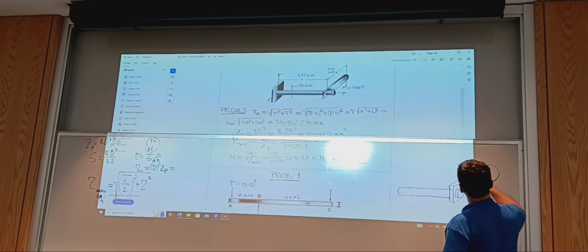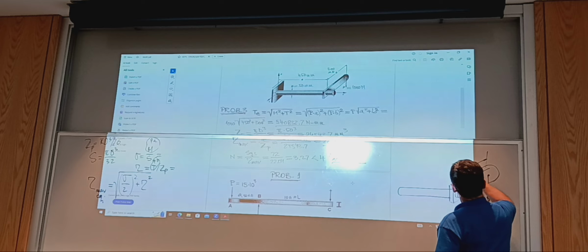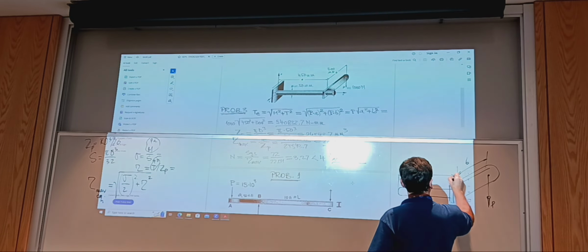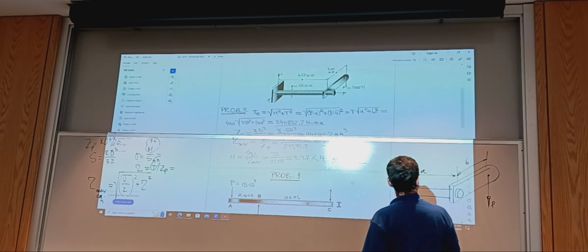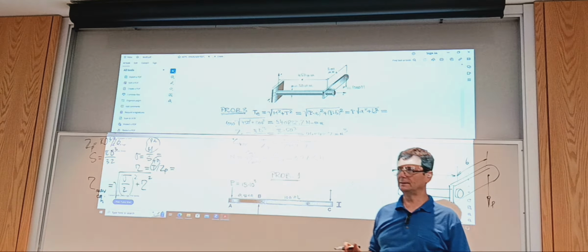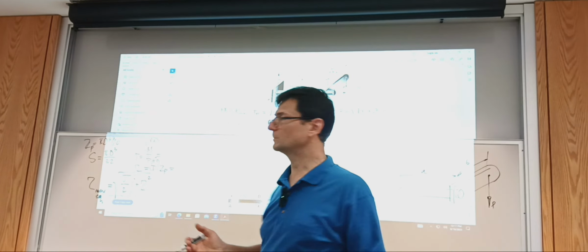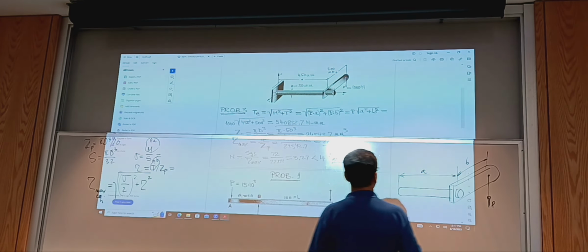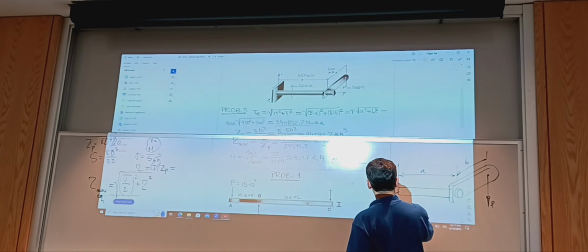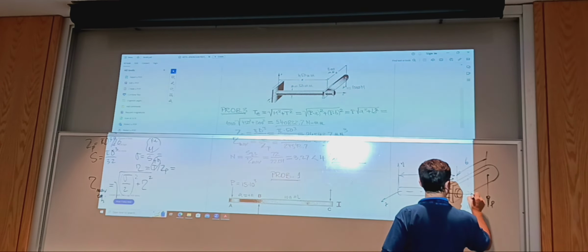This is P. We have B, and we have A. And so again, we removed it, and it's in 3D representation. What do we have? Z towards us, Y up, and X coming out.